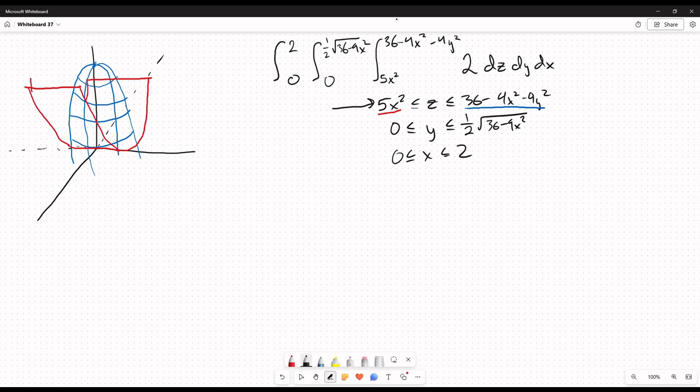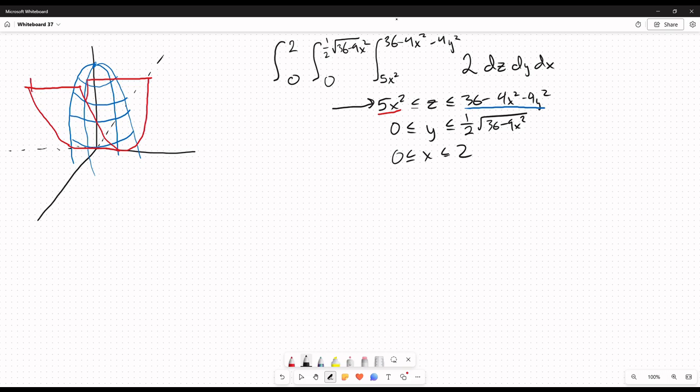What's this next inequality saying? Well, it's saying that y is between 0 and this thing. And this thing seems weird, but it's actually not weird. I promise you that. Why is it not weird? Because this is just telling us what happens.